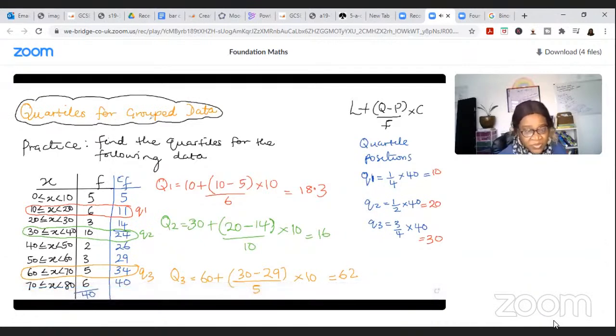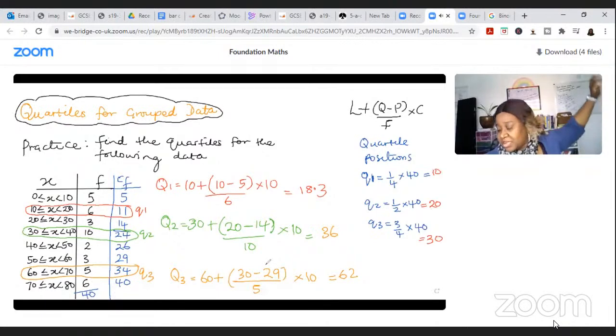So the answer is 36 for this one. And then let's check the last one. 60 plus 30 minus 29 over 5 times 10. 62, that one is right.